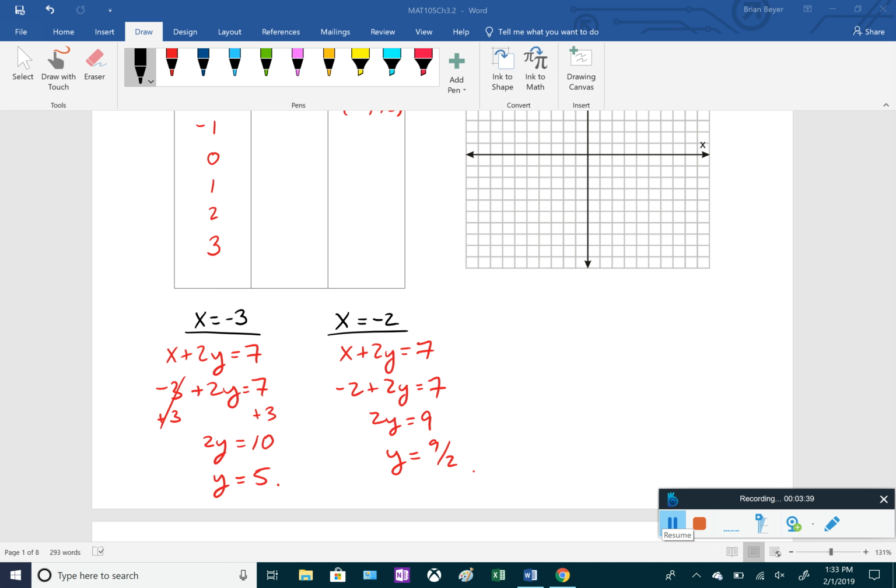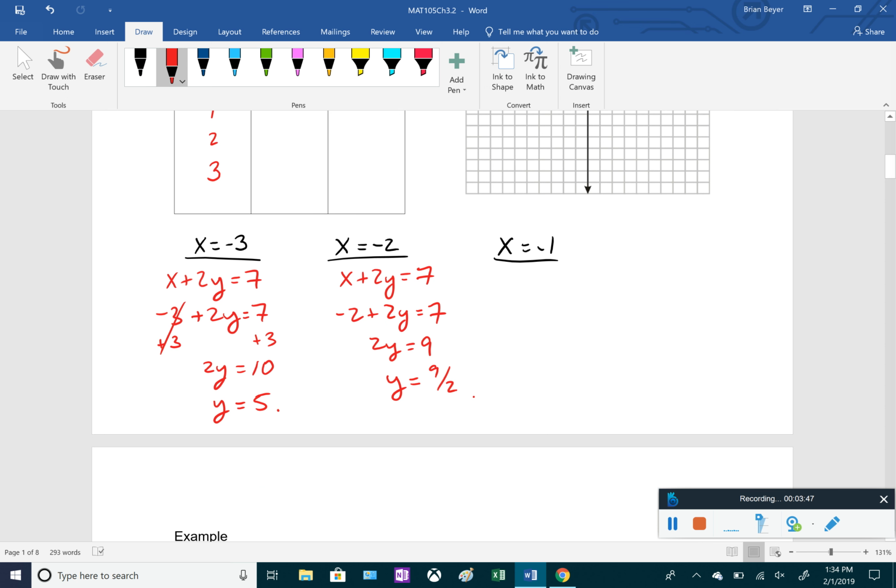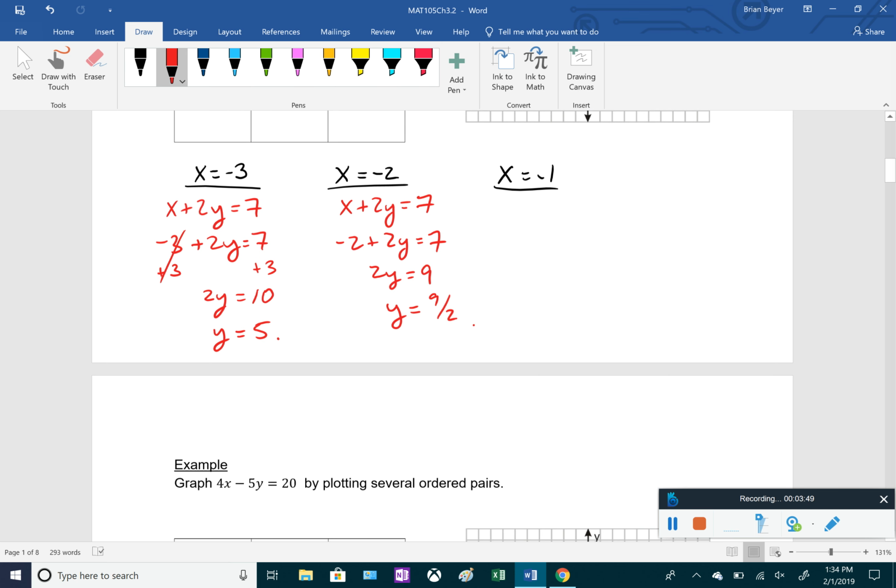And next we'll do it for -1. So we're going to plug in a -1 now. So -1 plus 2y equals 7. We're going to add 1 to both sides. We get 2y equals 8. Divide both sides by 2.